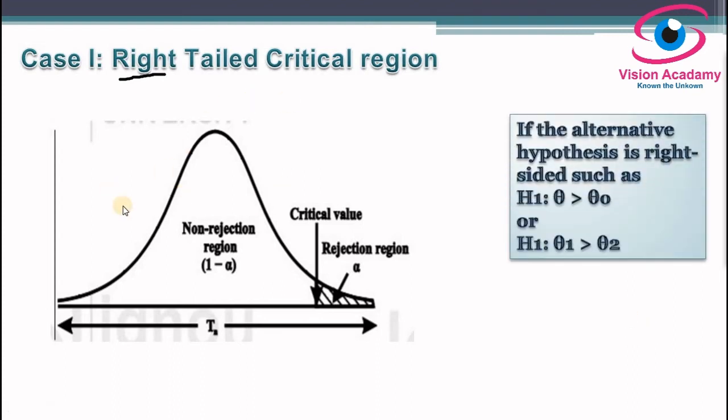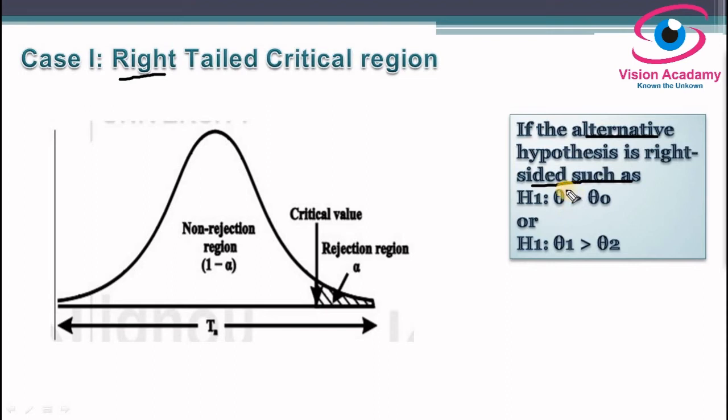Here we use this distribution for rejecting the null hypothesis, but to decide the type of tailed test, the type of tailed critical region, we have to concentrate on the alternative hypothesis. In one case, your alternative hypothesis is right-sided, such as the alternative hypothesis theta greater than theta.